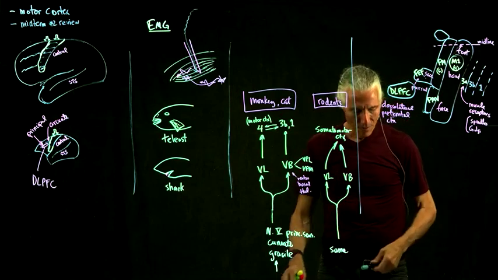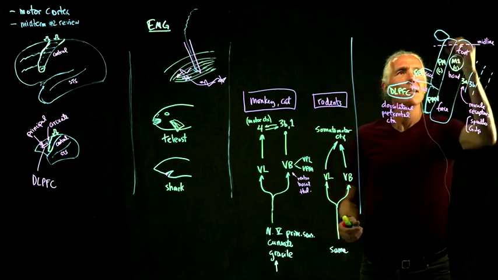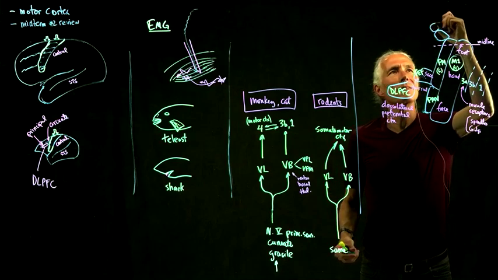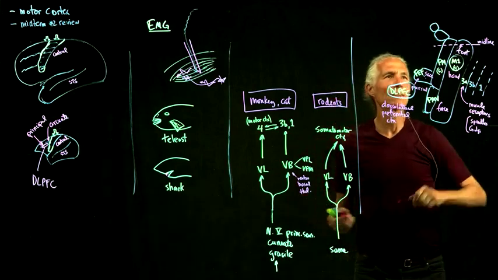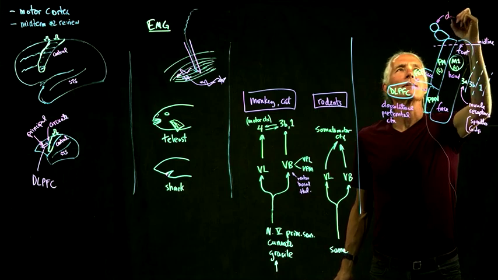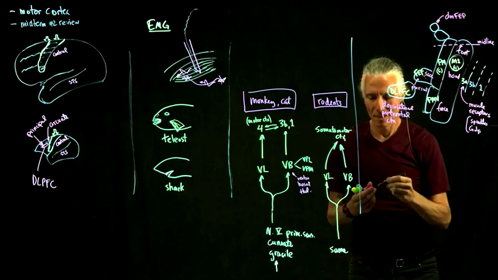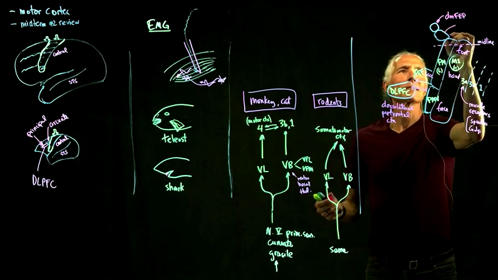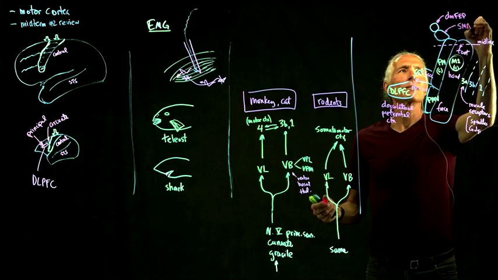And it turns out the secondary motor area has a little frontal eye fields attached to it. It's got its own separate frontal eye field. So this guy is called the dorsomedial frontal eye fields. And this guy is usually called SMA, for supplementary motor area.